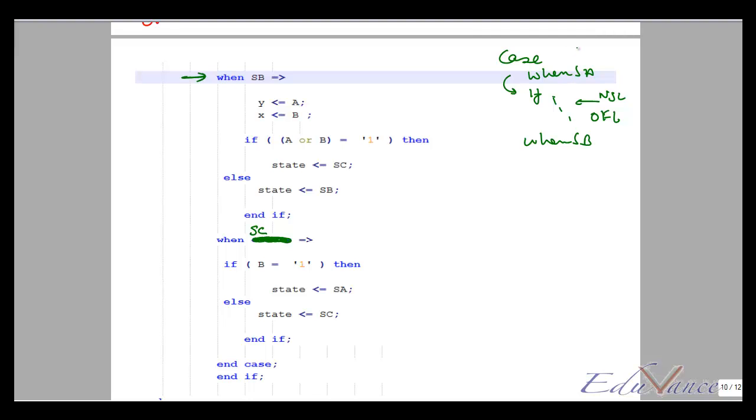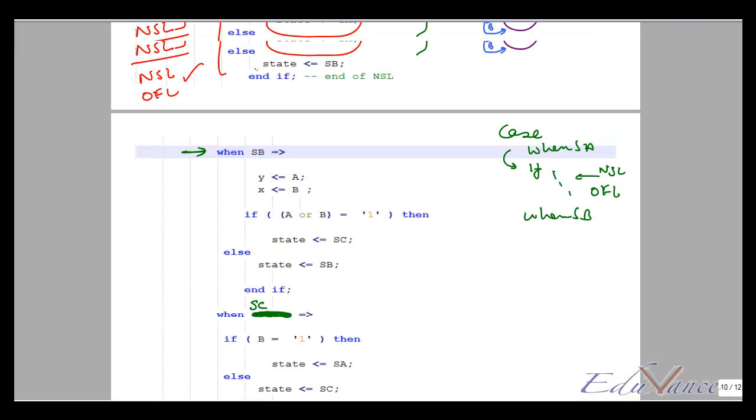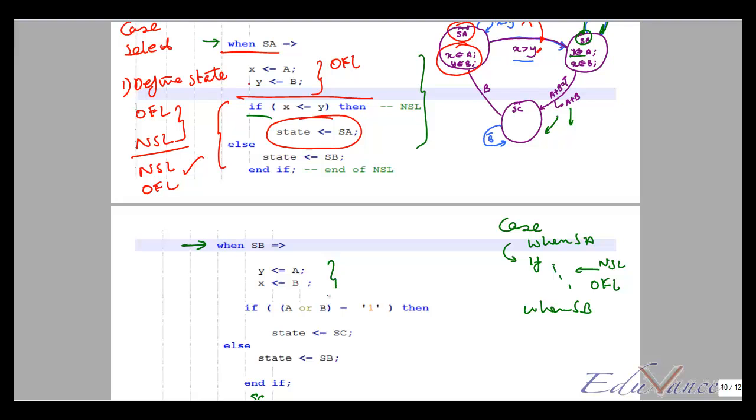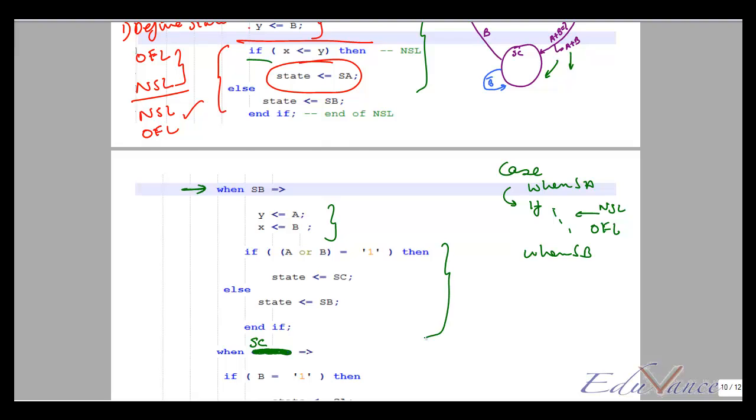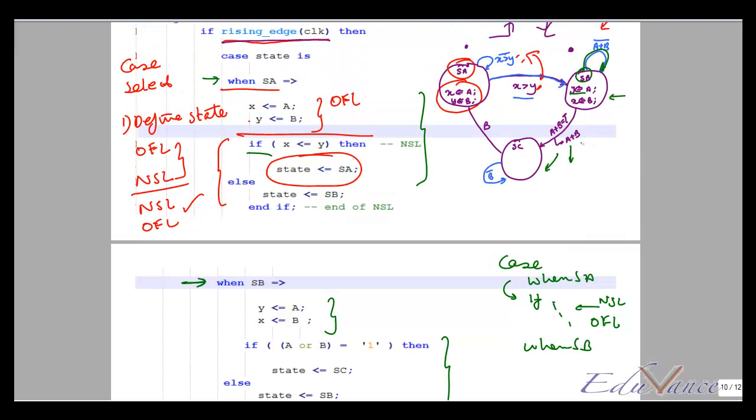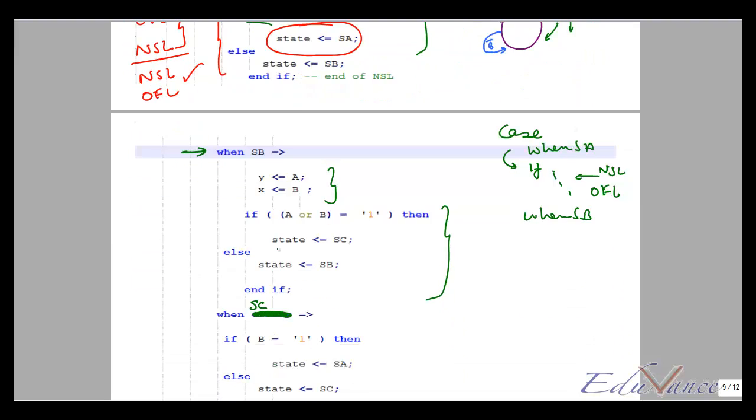So that said, let's look at this. So when SB, I write my OFL first, that is y gets A, x gets B, and then I write my NSL, which is if A plus B is true, then I will go to state C, else I will stay in state B. Okay, that is quite straightforward.